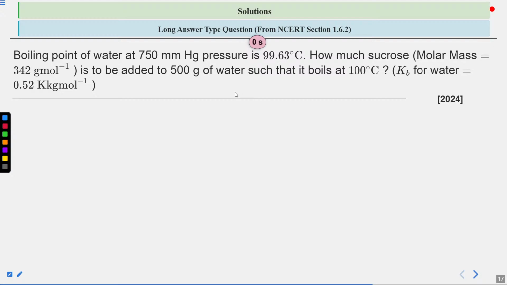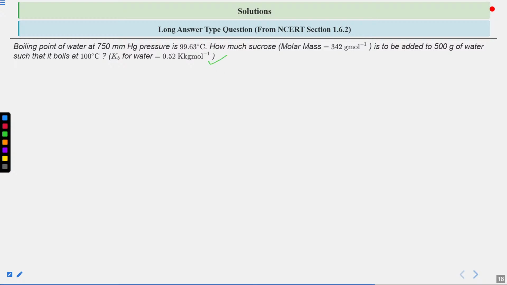Okay, let's see. For this given question, how can you answer it? First of all, you have to consider the given quantities, and then think about which concept in the solutions chapter you can relate it to, and then what the correct formula is that you can apply.